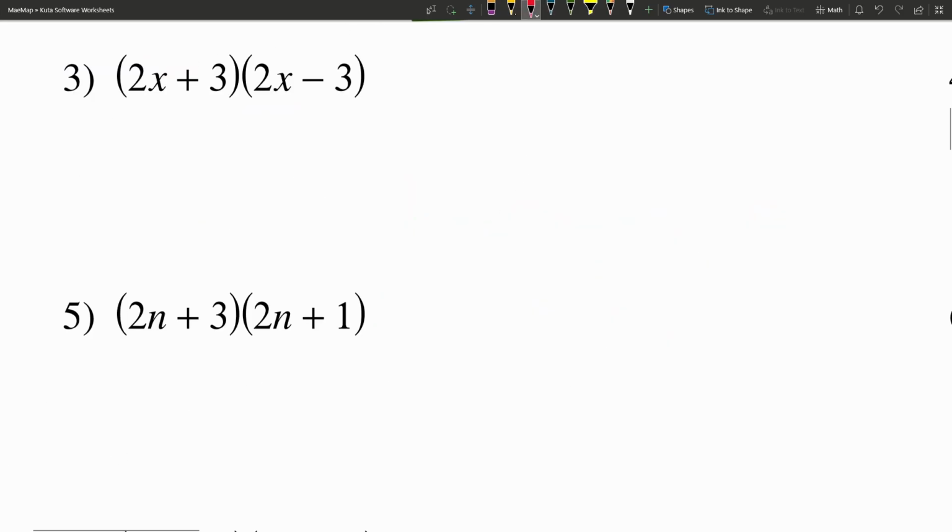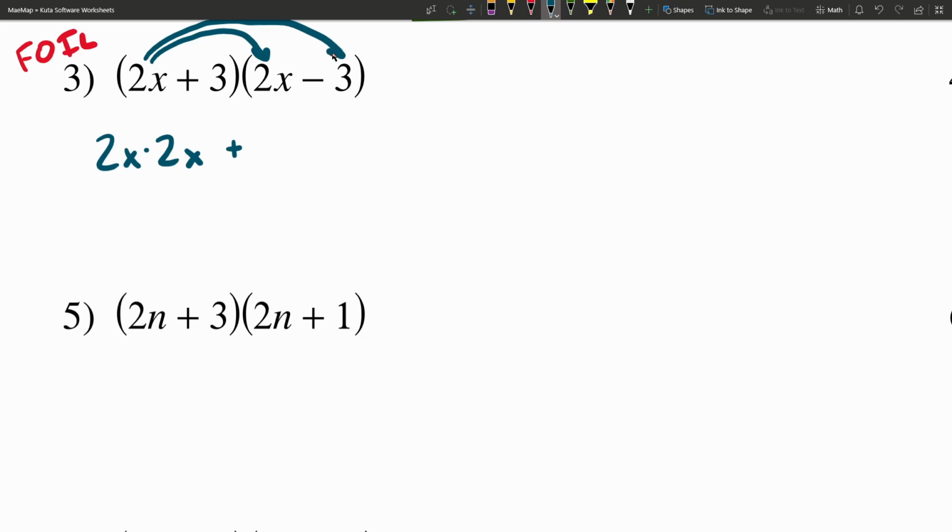For number 3, remember, again, first, outside, inside, last, combining each term in our first binomial with each term in our second. So start with our first terms, 2x times 2x. Then we'll add our outside terms, which will be 2x times the negative 3, since that 3 is subtracted.